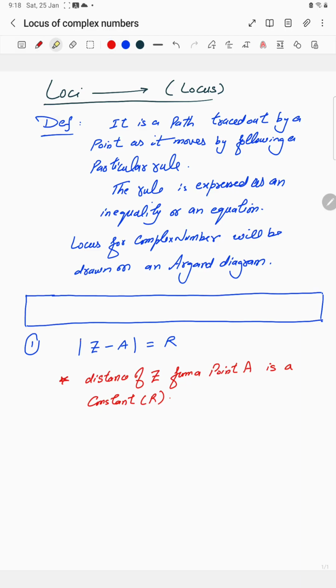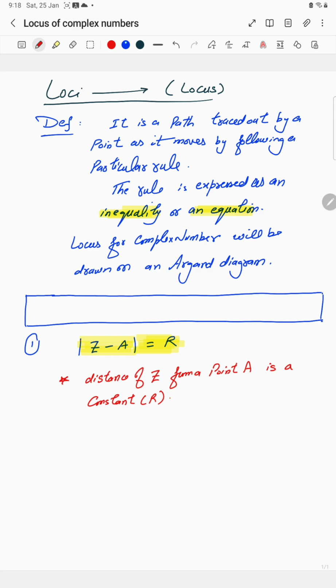this is the case study. Whenever you see |z minus a| equal to a constant, or with an inequality, I told you the rule can express an inequality or an equation.